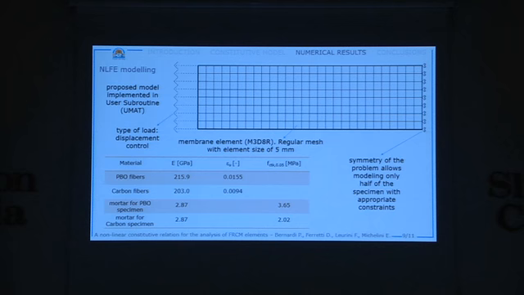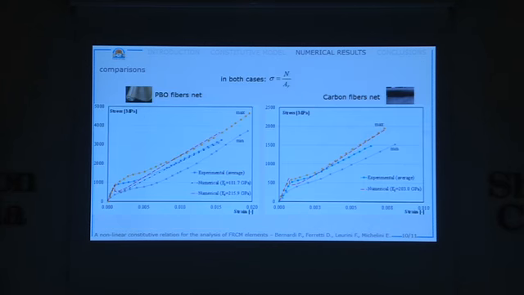We chose a membrane element with reduced integration with 8 nodes, and in this table we see the mechanical characteristics of the fiber grids and of the mortars. Some mechanical characteristics were declared by the producer, others were calculated by the authors, and others were obtained from technical literature correlations.